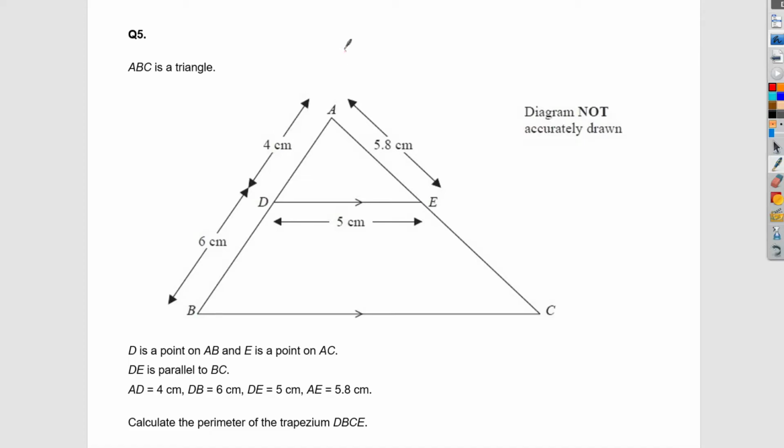It's a typical exam style question where you're given a triangle and a triangle within it. D is a point on AB and E is a point on AC.